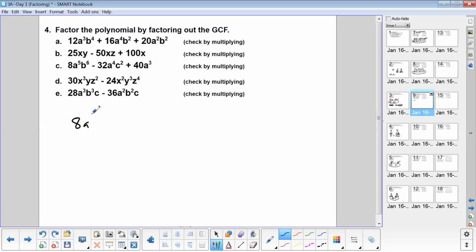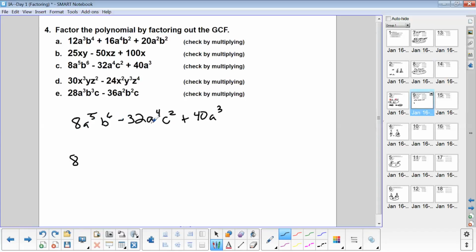8a to the fifth b to the sixth, minus 32a to the fourth c to the second, plus 40a to the third. You're looking at each term again, and you're looking at 8, 32, and 40, and the greatest common factor would be 8.